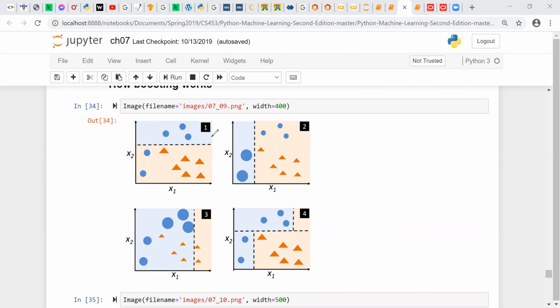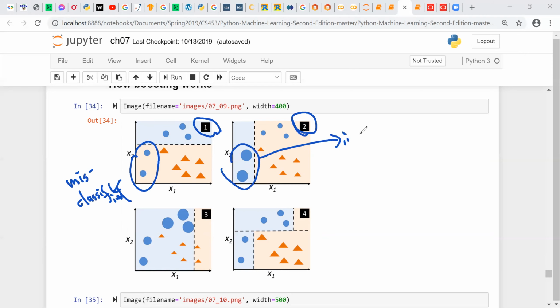You have the original data set, and this is the first round of training, and we see these two are misclassified. In the next round, we increase their weight.